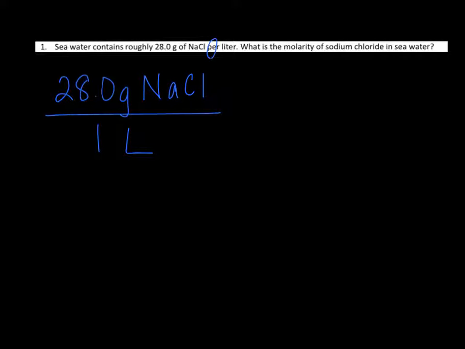Per means you have 28 grams of sodium chloride in every liter. And we want to know what the molarity is. And so if we remember, molarity is equal to moles over liters. So really what we're looking for is how many moles there are in every liter. Now, I've got grams over liters. I just need to change my grams to moles.